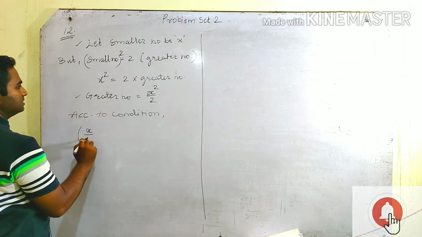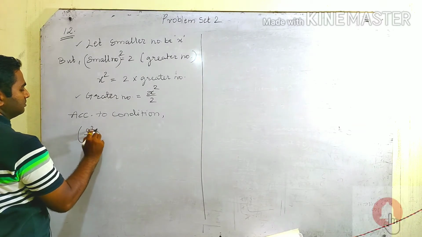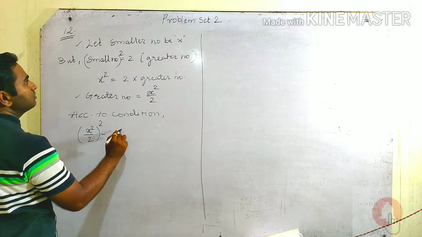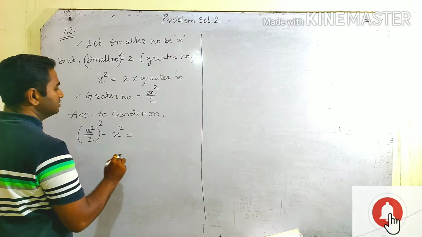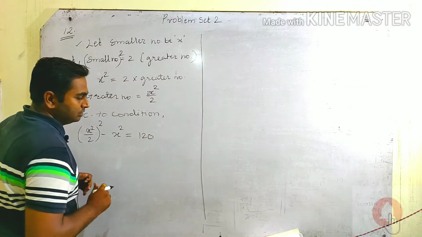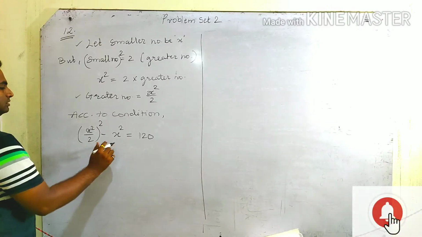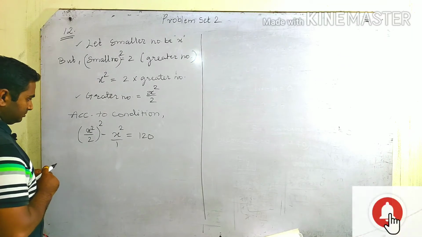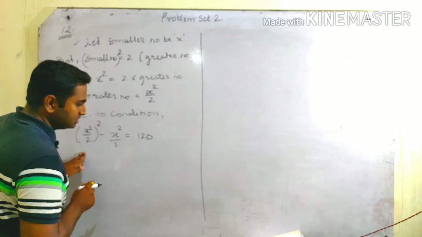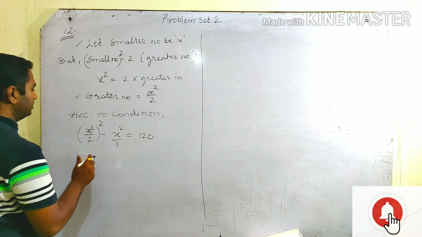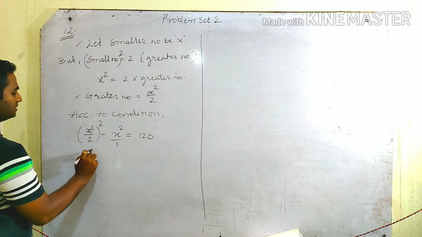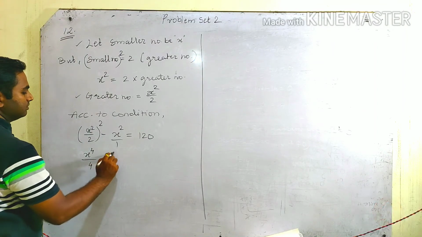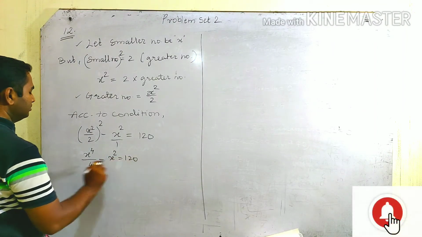We take the square of the greater number minus the square of the smaller number, which is equal to 120. Here the denominator is 1, so we square them and put the values. If you square, then x raised to 4 over 2 2s are 4, minus x square is equal to 120.